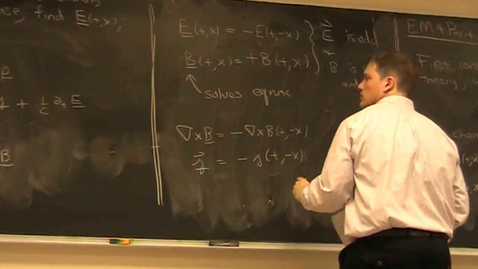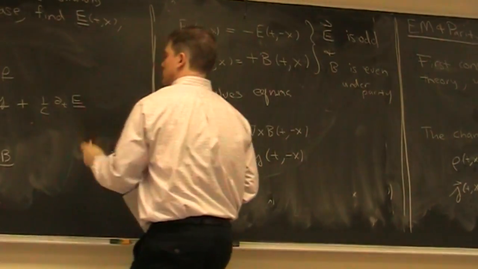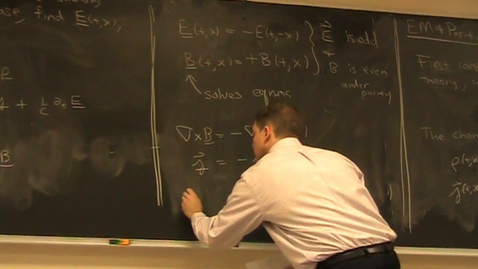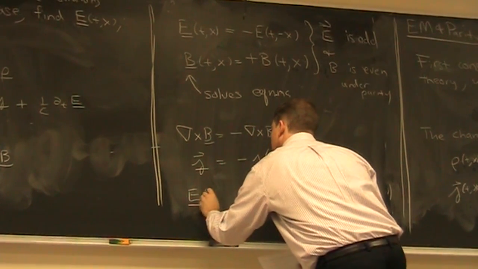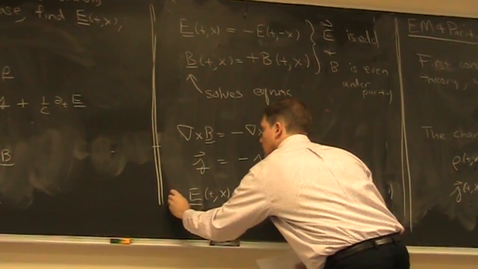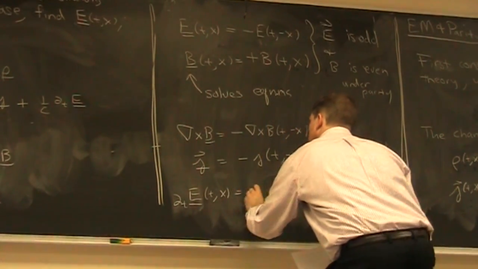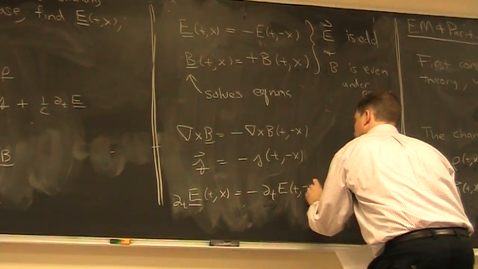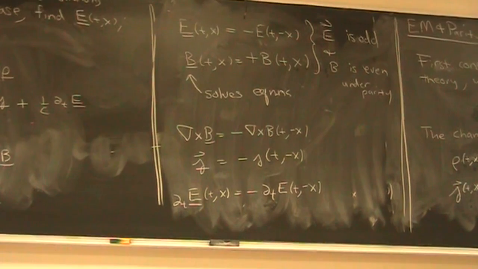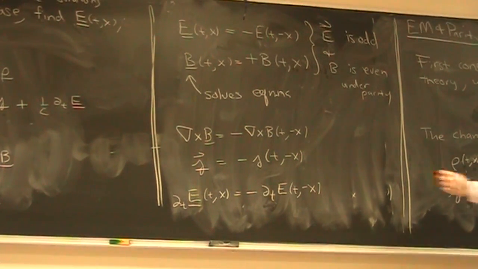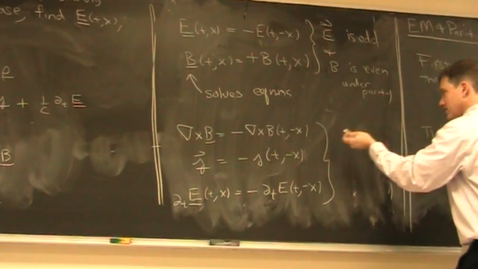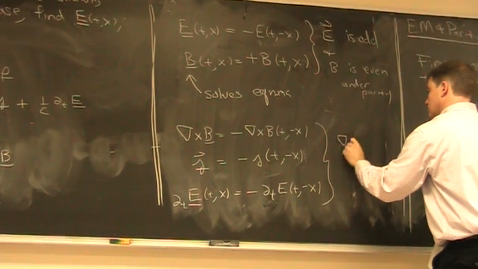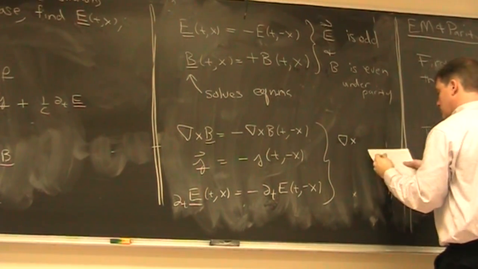I'm just looking at those terms one by one, and they should all change sign. Here, for E bar of t and x, the time derivative is just the minus. So essentially, under this thing, for any value of x, we have just this.